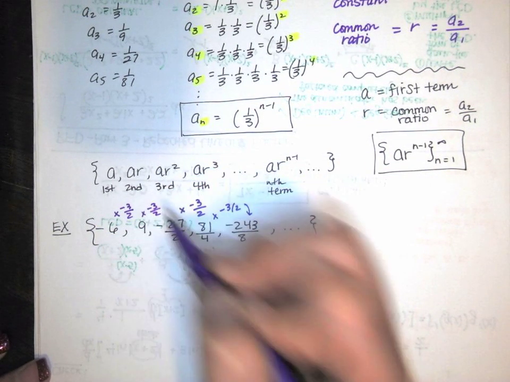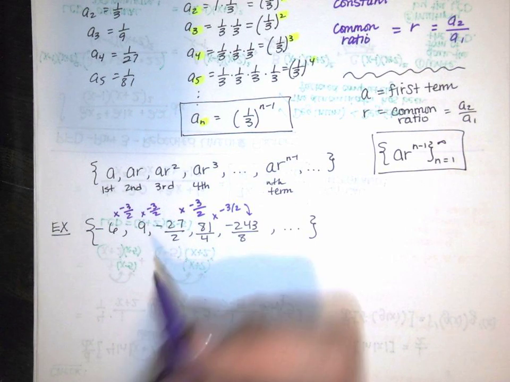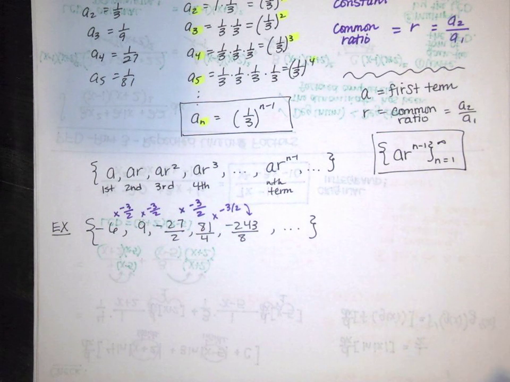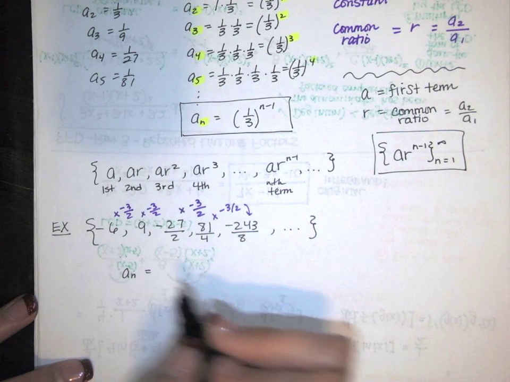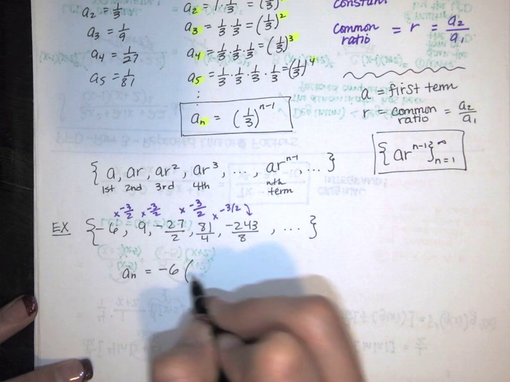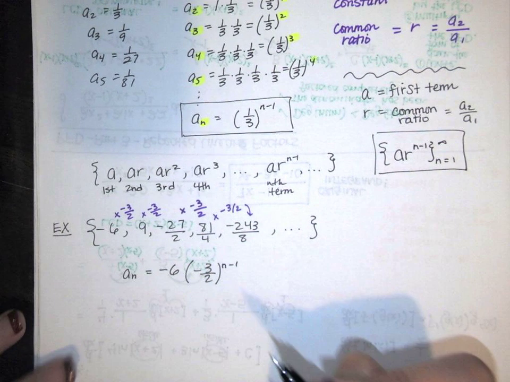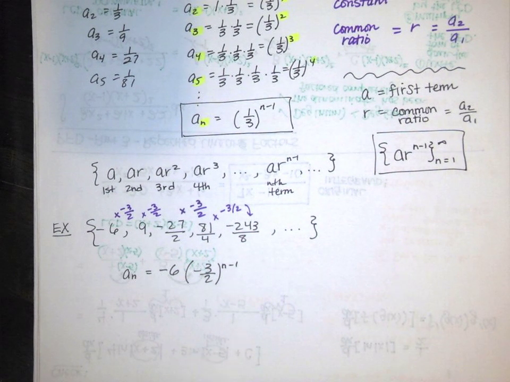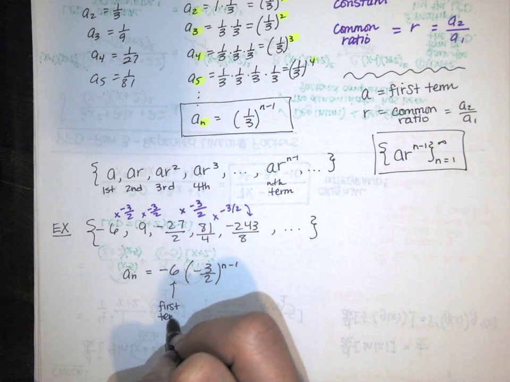If I take 9 and I multiply it by -3/2, do I get -27/2? I sure do. Okay, so it is geometric because we're multiplying by the same thing every time. So the formula for the nth term here is the first term times my common ratio raised to the n minus 1. So that's one way of doing this.